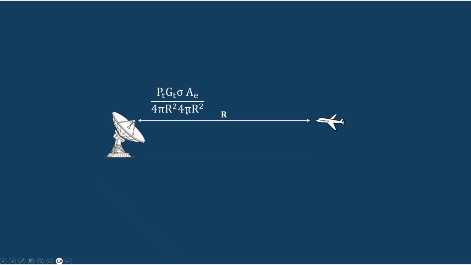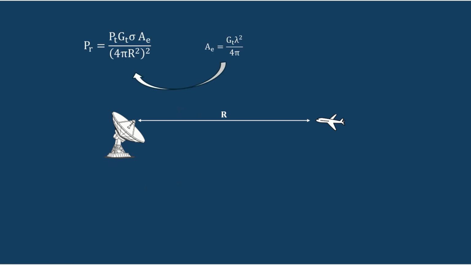So the total power will be Pt Gt sigma by 4 pi r square into 4 pi r square, times the effective area of the antenna. So this is the total power received in the antenna. This is just the derivation which forms the basis of the radar range equation.